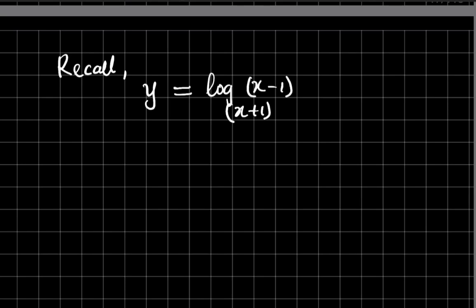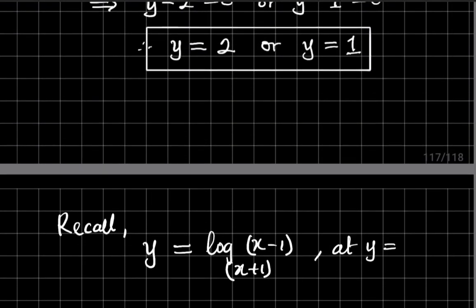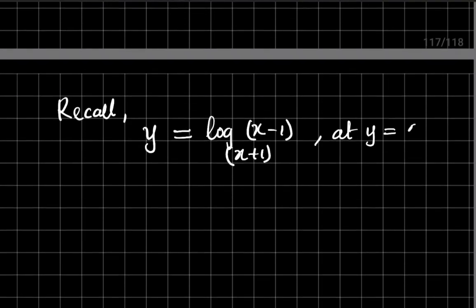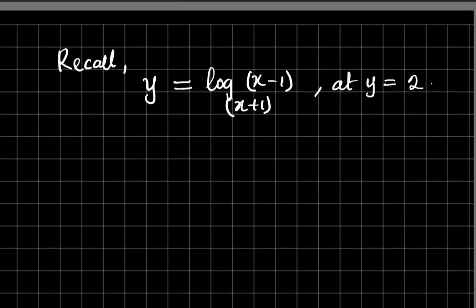Now recall that y is equal to what we used to represent log x minus 1 base x plus 1. We have gotten y to be 2 or 1. As y is equal to 2, it means log x minus 1 base x plus 1 is equal to 2.